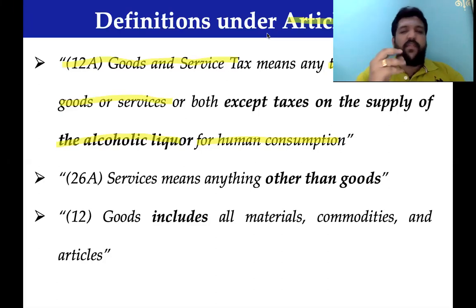Now, why? Very simple. The levy of taxes on liquor is always the power of the state government. It is the state government who have the power to tax liquor.